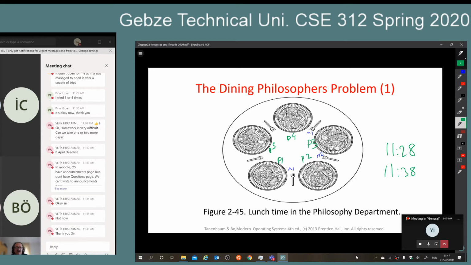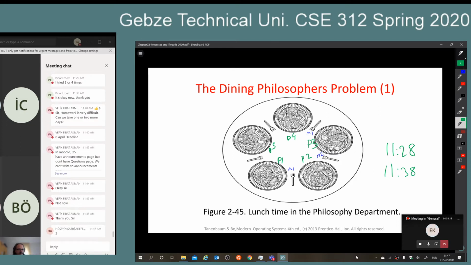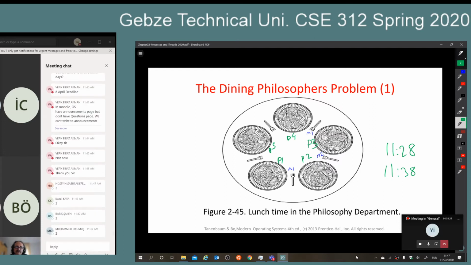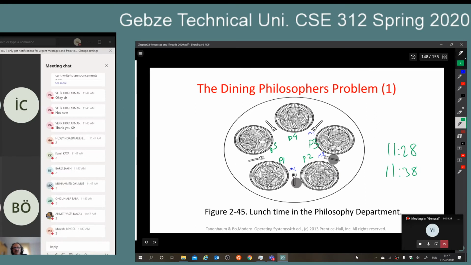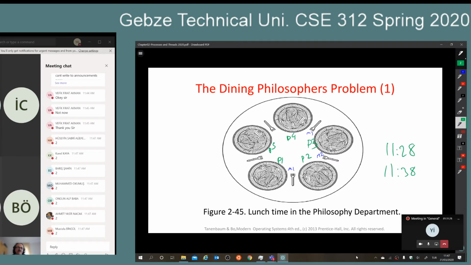How many out of 5 can run at the same time? At most 2, right? 3 cannot run, because for each to run, it needs 2 forks. There are a total of 5 forks.